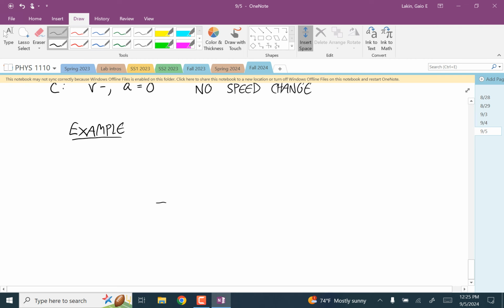So here's the position versus time graph of the object. And let's say we're interested in this point here.